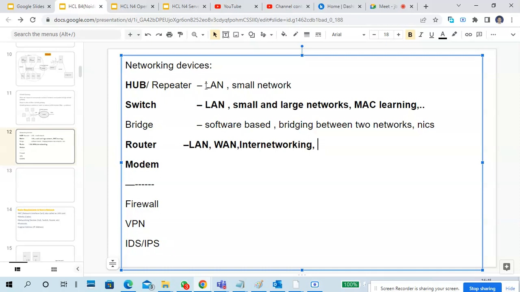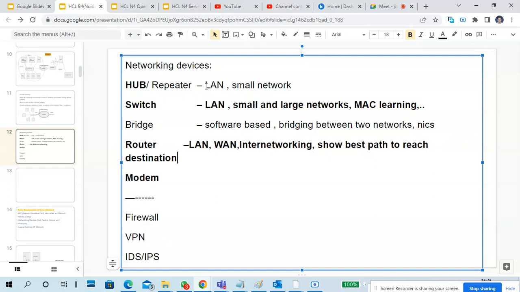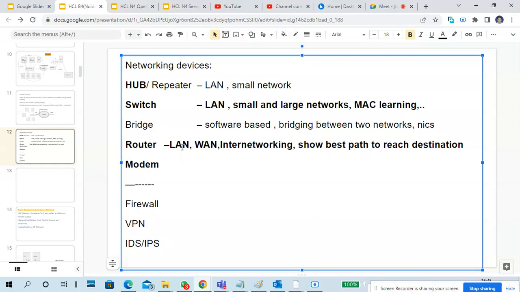And one more thing about a router: it follows routing, which means it shows the best path to reach the destination.